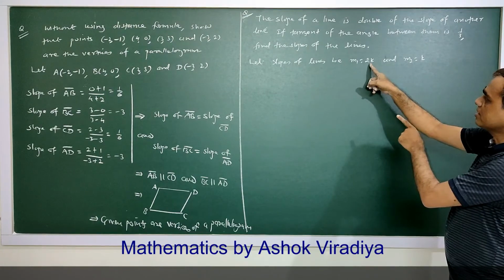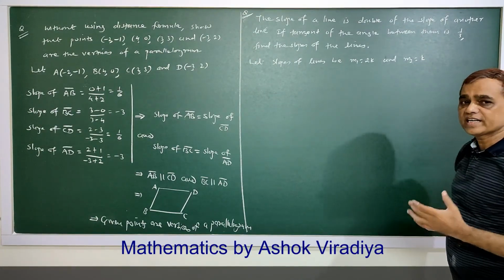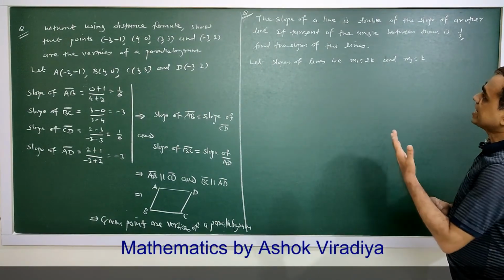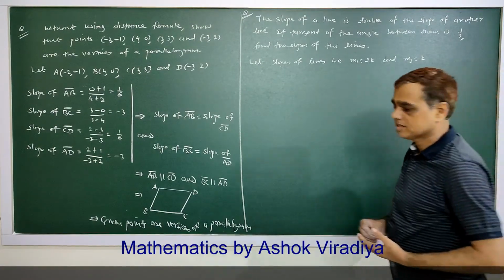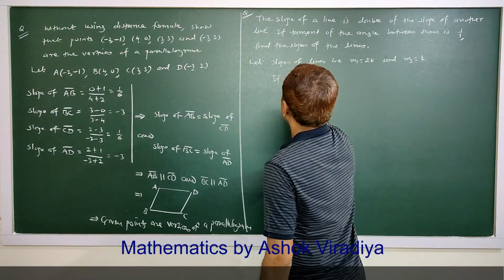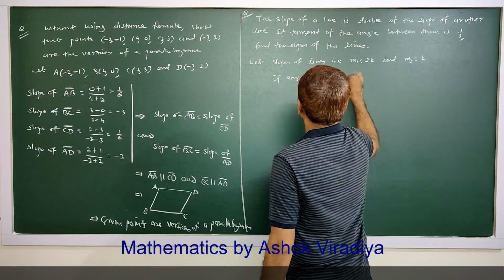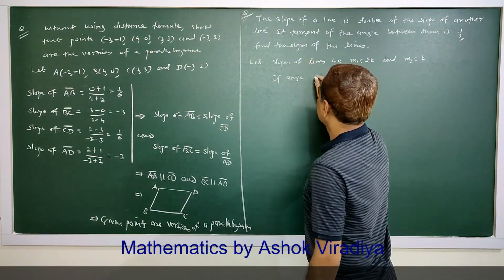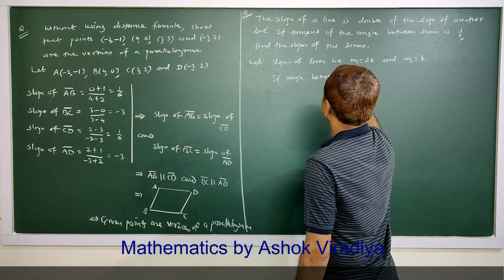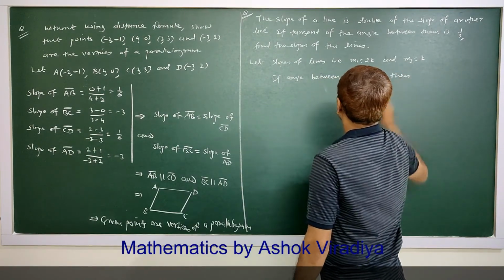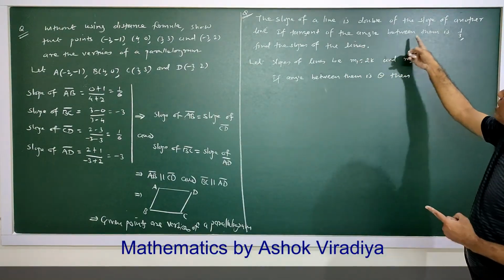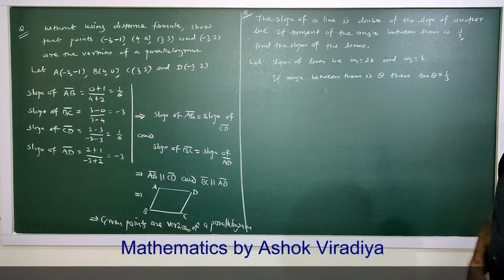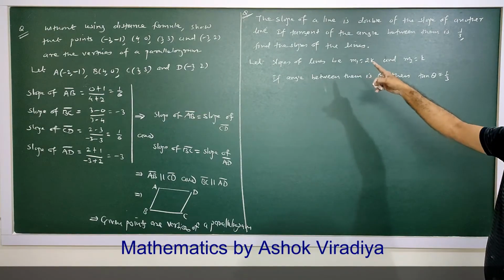If the angle between them is theta, then it is given that the tangent of the angle between them is 1/3, that is, tan theta is 1/3. The question is to find the slopes of the lines.